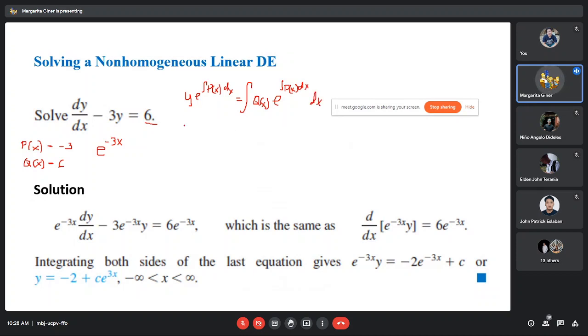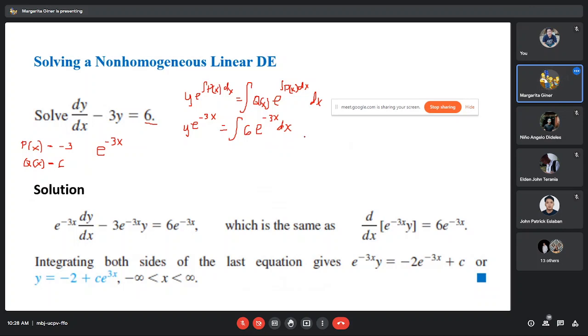Okay? Now, again, you have here y e raised to negative 3x is equal to the antiderivative. The q of x is 6. So you have 6 e raised to negative 3x dx. Okay?